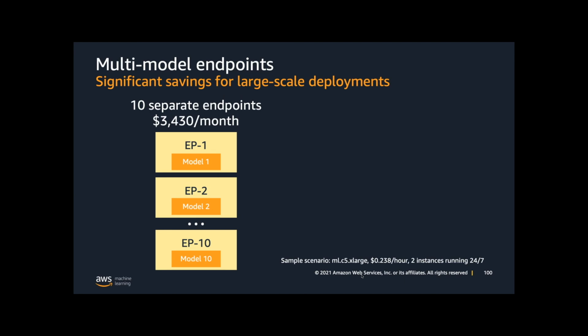But with the multi-model endpoint, of course, we're going to have a dedicated session to explore this in the second week, you have the option to consolidate all these 10 models behind a single endpoint, bringing the monthly cost from a few thousand down to a few hundred.